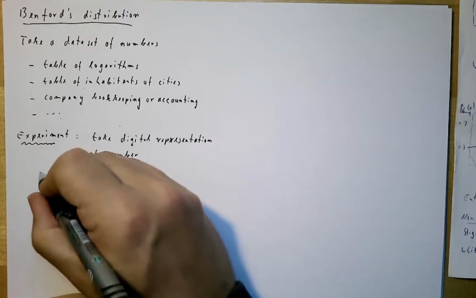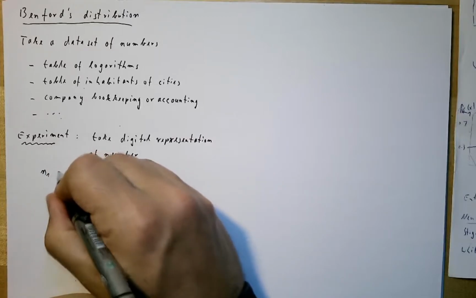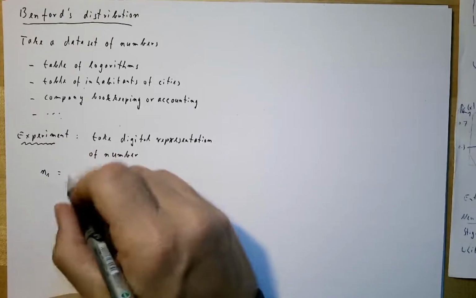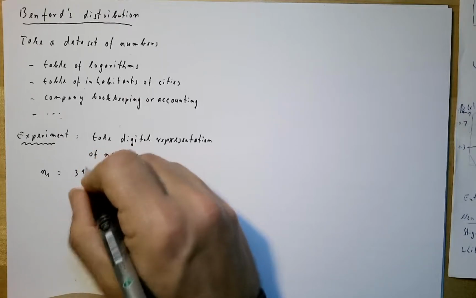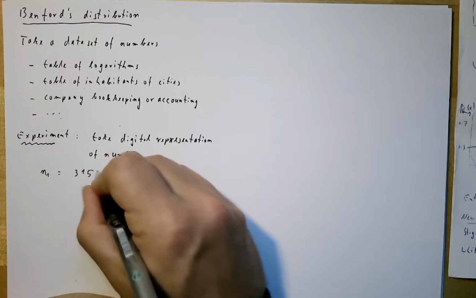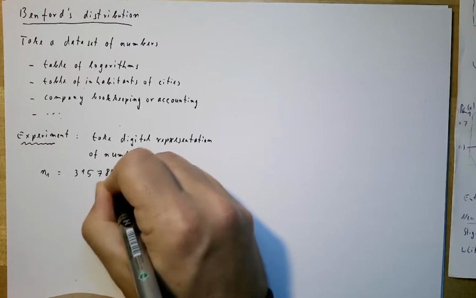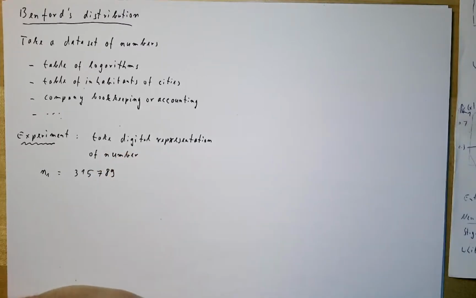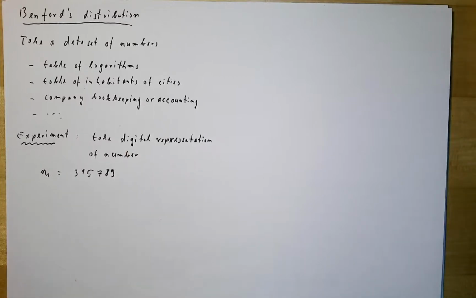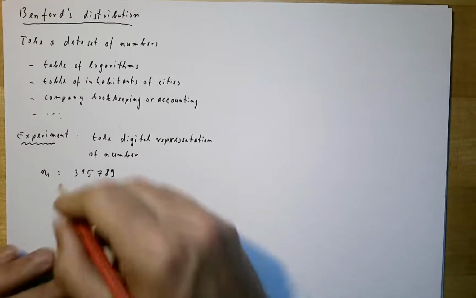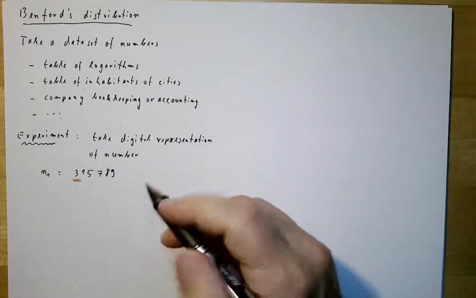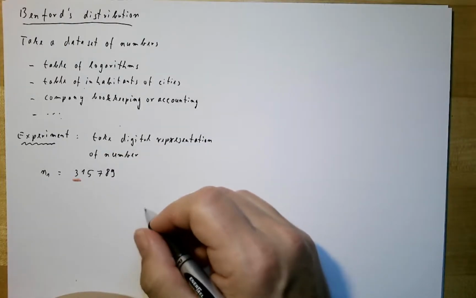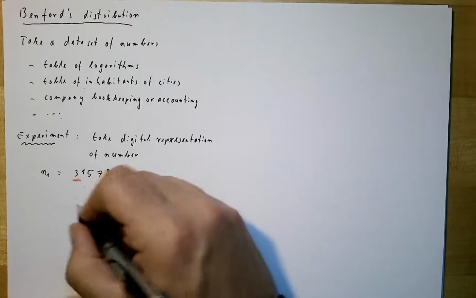So for example, we have here the first random number in our table, and this is maybe 3,100,350,000, whatever. Now we take the first digit of this number, which would be the 3.